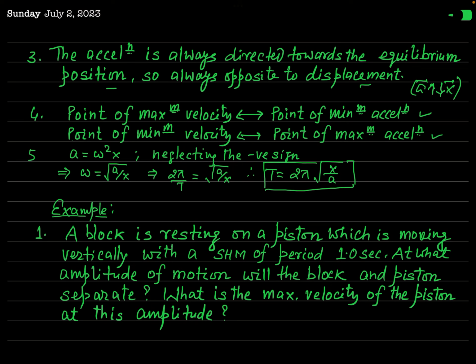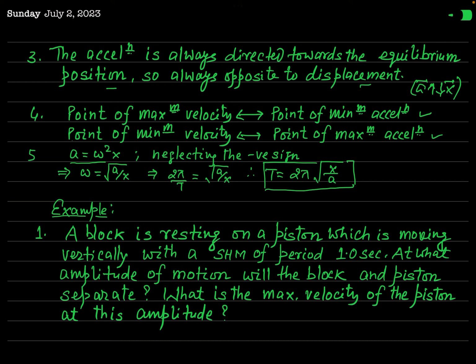Now, if you neglect the minus sign in the expression of acceleration, you can write A is equal to omega square x. And so you can say that omega is equal to the square root of A by x.